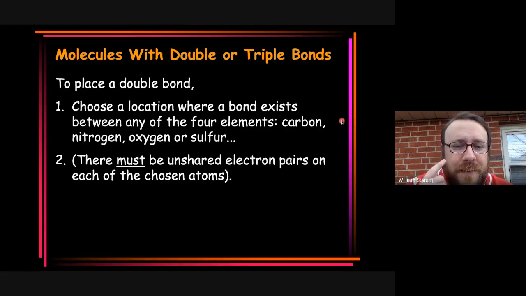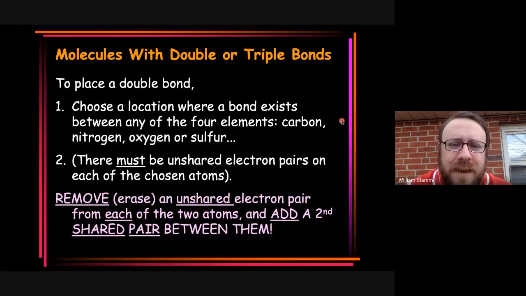Here's another key point: there must be unshared electron pairs too. If you're going to form a double or triple bond, there have to be pairs of electrons you drew that are not being used in a bond. We call those unshared electron pairs, on the actual elements that are going to have the bond: the carbon, nitrogen, oxygen, or sulfur.